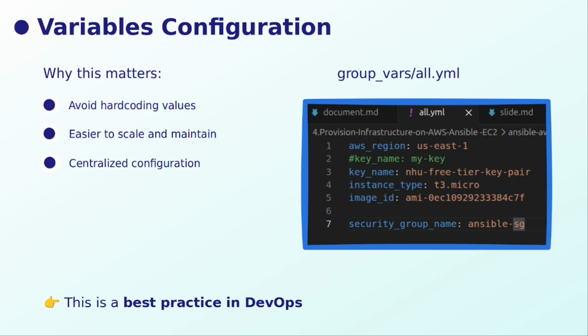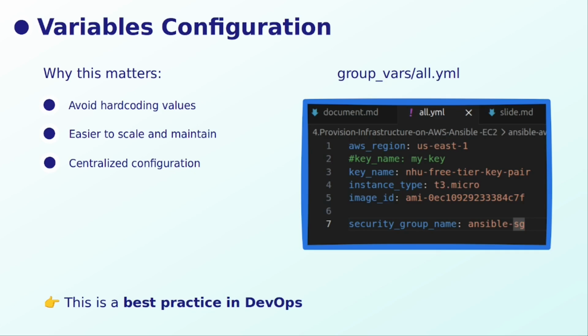Why is this important? First, it avoids hard coding values. If you want to change the instance type, you only update it once. Second, it improves maintainability. Your code becomes cleaner and easier to understand.